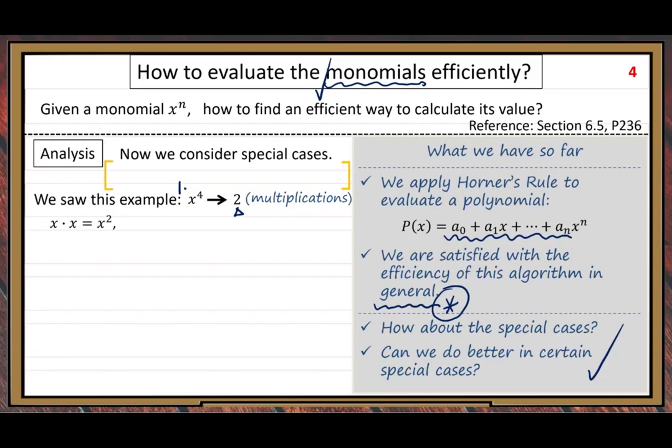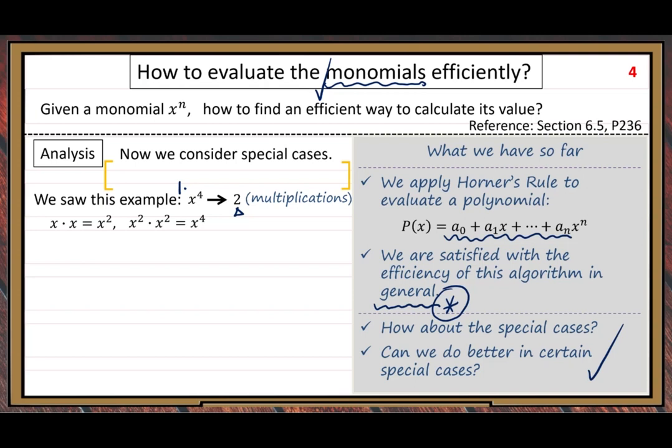Let's recall how to get this 2-multiplication answer. The first multiplication, x times x, gives x squared. The second multiplication, x squared times x squared, gives x fourth. That's all we need: 2 multiplications.